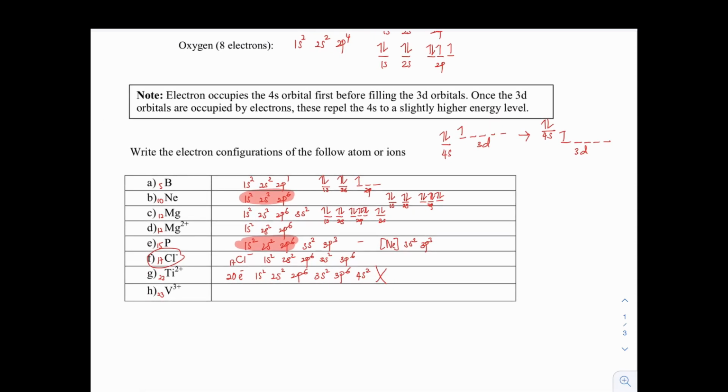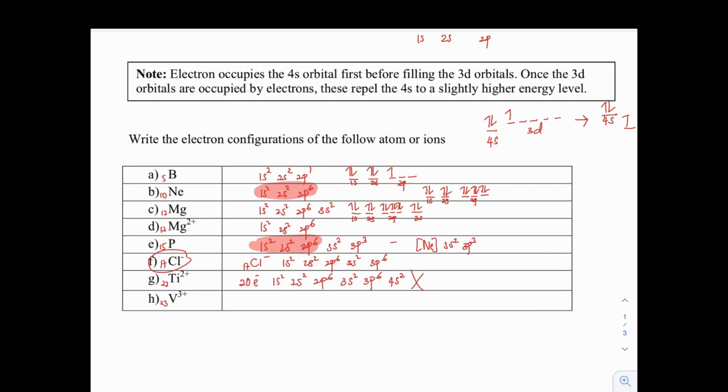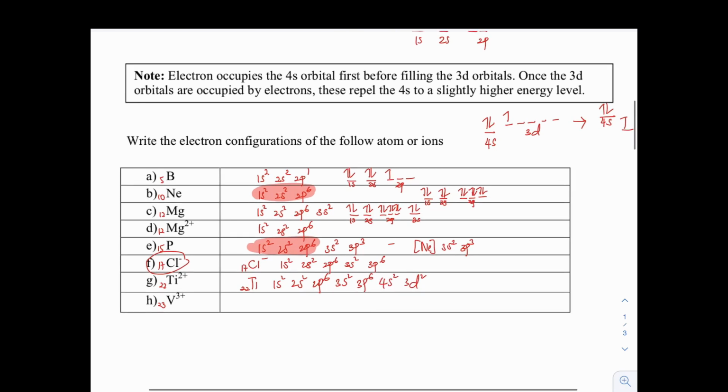In order to correct this, what we need to do is to write out the electronic configuration of the titanium atom first. That will be 1s2, 2s2, 2p6, 3s2, 3p6, 4s2, and 3d2. That will make up a total of 22 electrons.